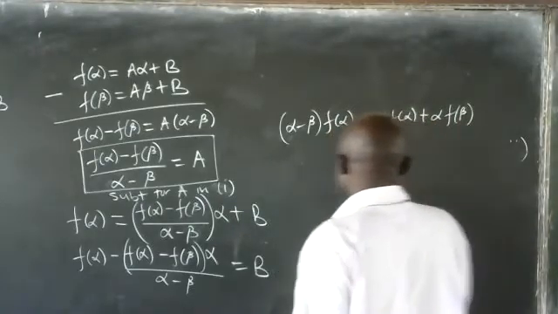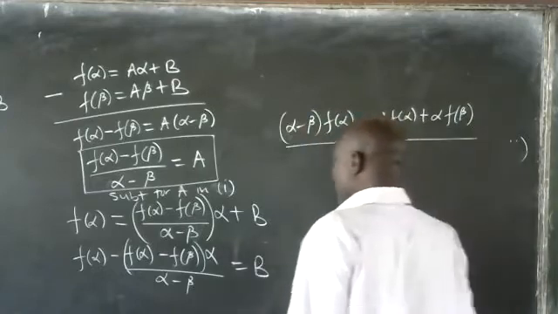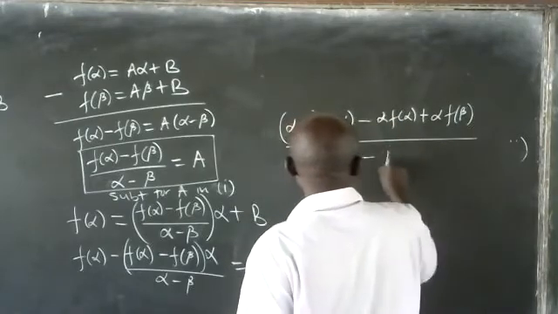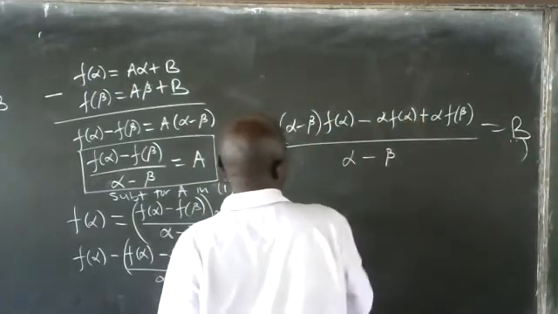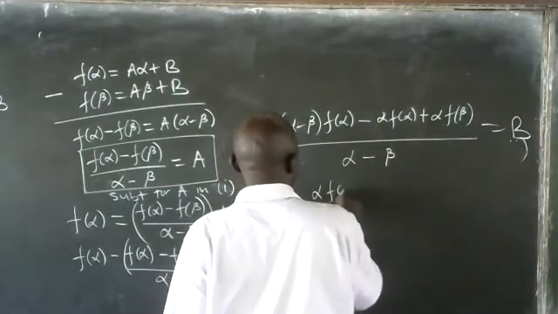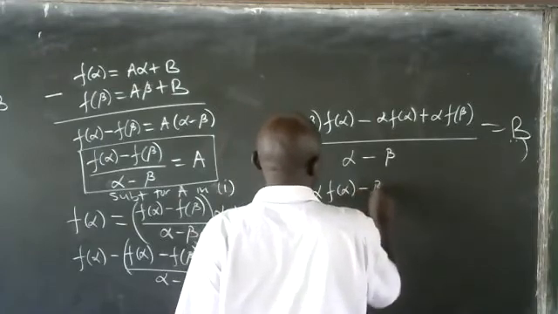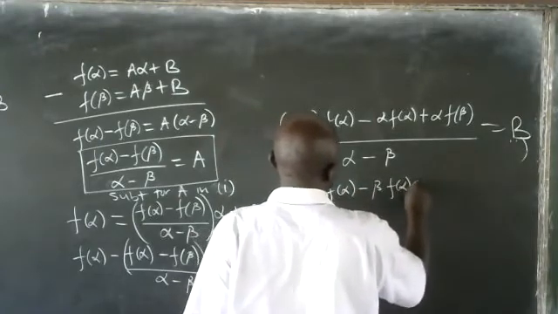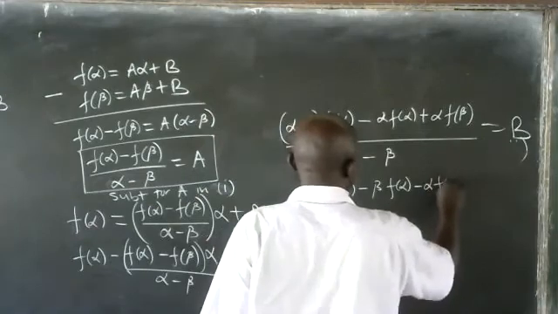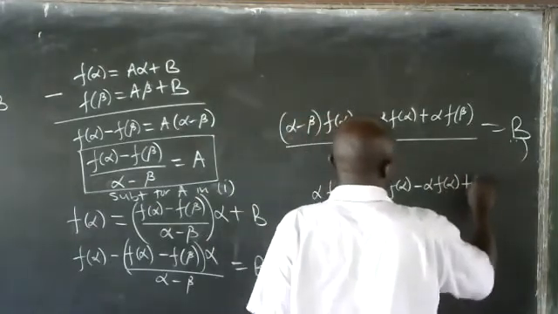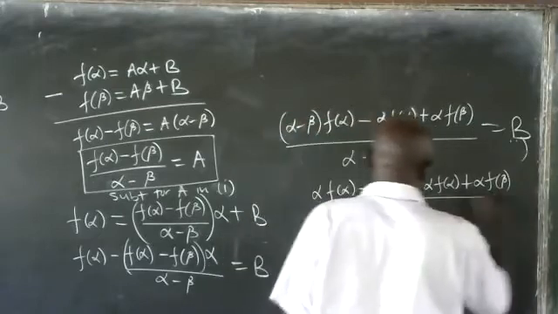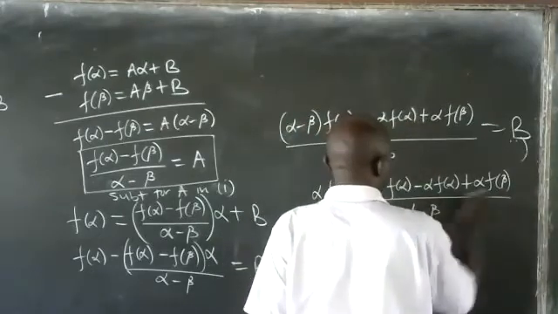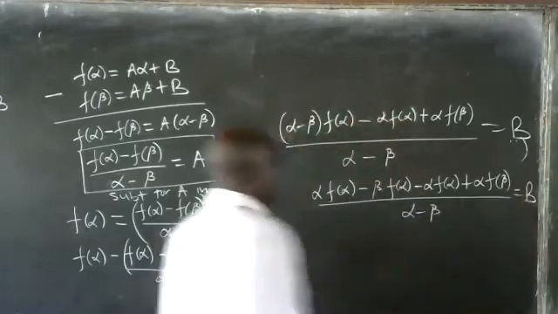I'm opening up the brackets, of alpha minus beta is equal to B. So we shall have now alpha F alpha minus beta F alpha minus alpha F alpha plus alpha F beta, over alpha minus beta, is equal to capital B.